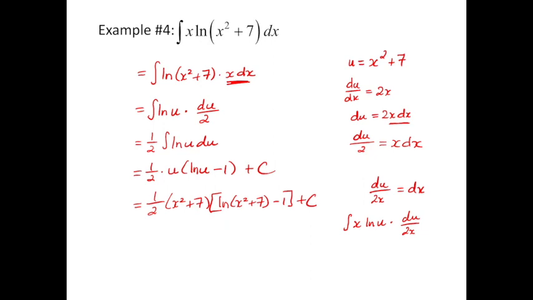So coming down from here to here, keeping the x there, replacing the x squared plus 7 with u, and the dx with du over 2x. The x cancels out, so we end up with the same 1 over 2 times the integral of ln of u du. So we end up at the same place. It's just a different way of looking at the substitution. Either way gets you to the same final answer. So either way is acceptable. It's kind of a personal preference.